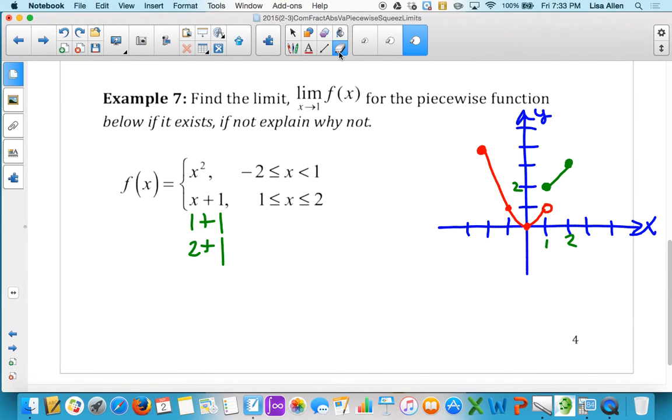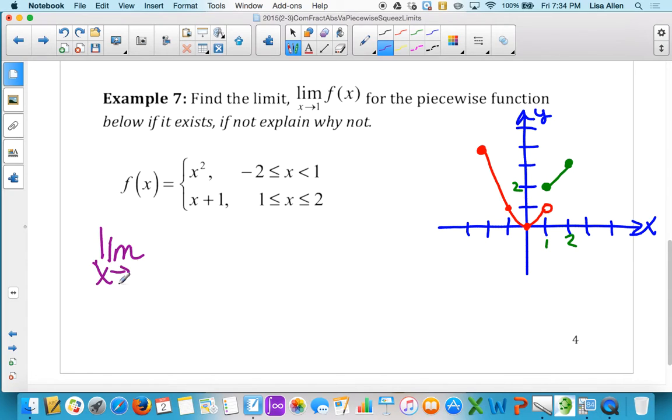So now graphs always make tons of sense when you're looking at limits. So we want to look at the limit as we approach 1, so from the graph, the limit as x approaches 1 from the left. From the graph, you can clearly see what you're doing. But say we didn't have that.